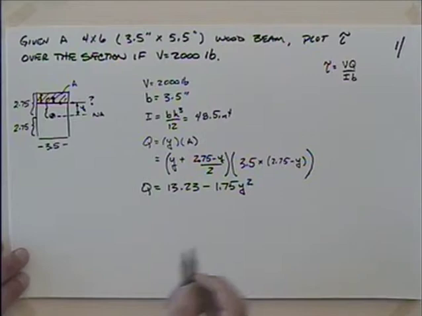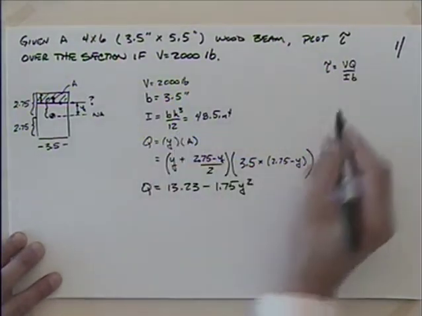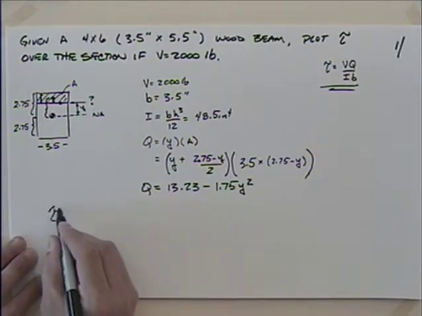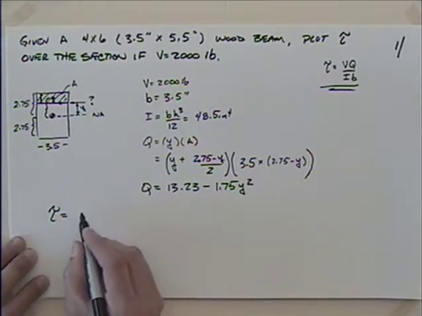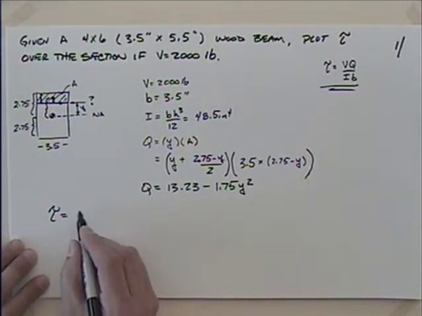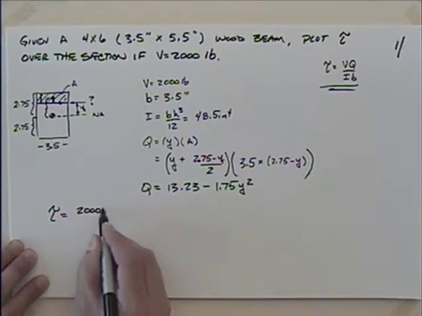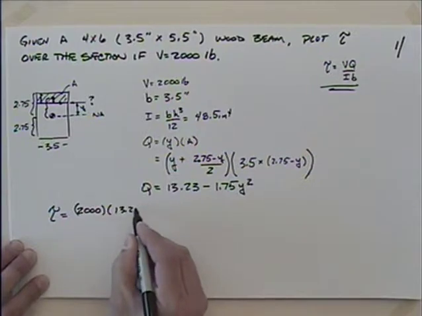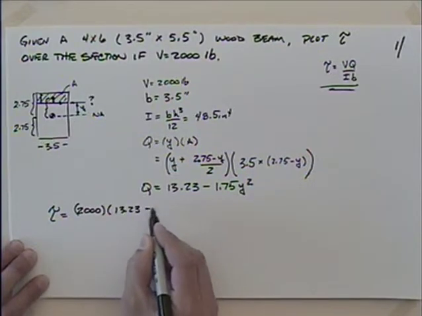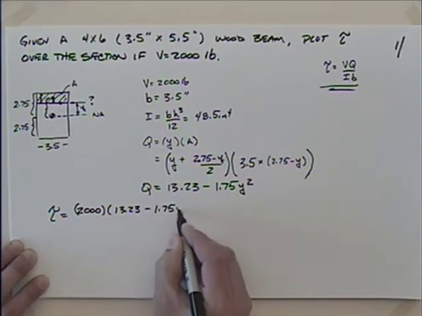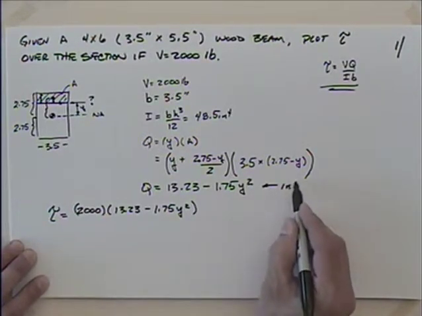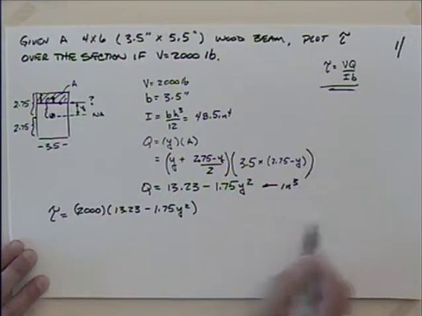If I put this into the expression for tau, the shear stress tau is equal to VQ divided by IB. So I have 2,000 pounds times this Q, which is 13.23 minus 1.75 y squared, in inches cubed.